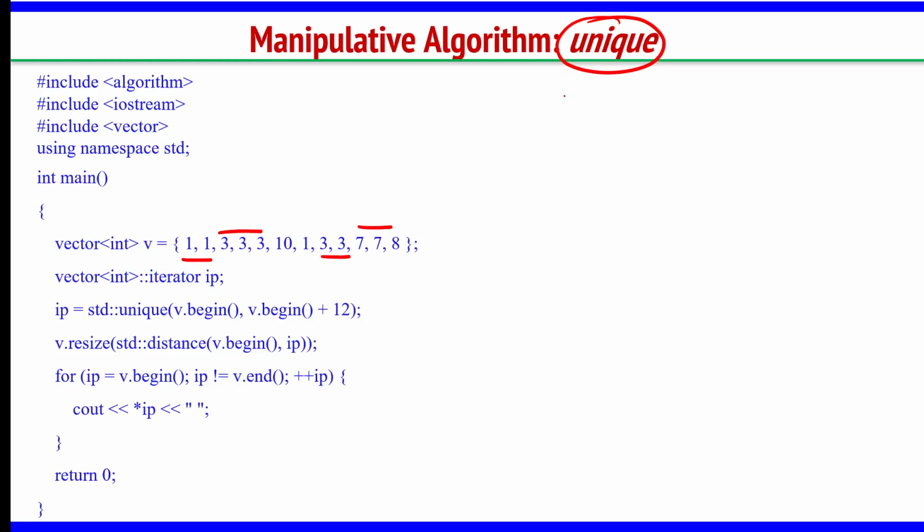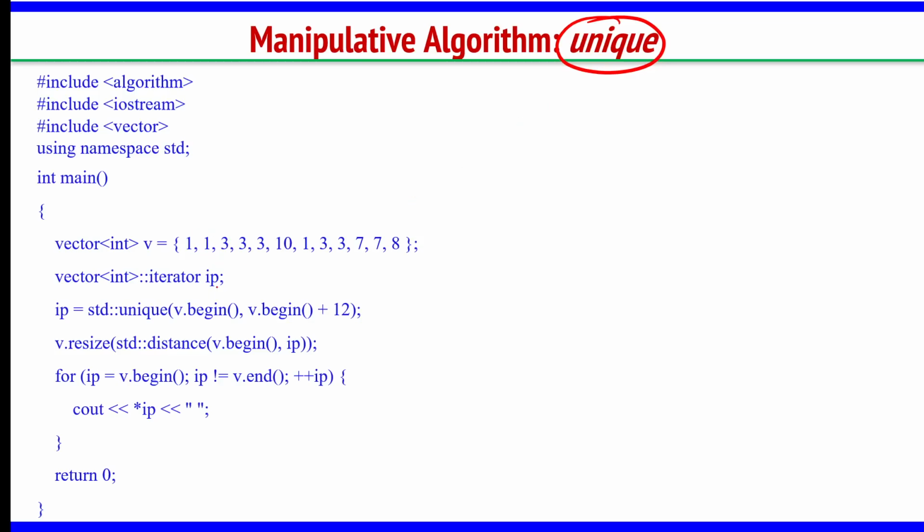This is very, very powerful, because you see a lot of placement questions, they ask you to remove the duplicate elements from the array. Very popular question. Or which is the first repeated duplicate element? Very powerful algorithm, unique.